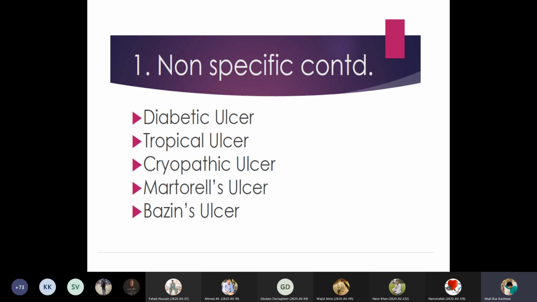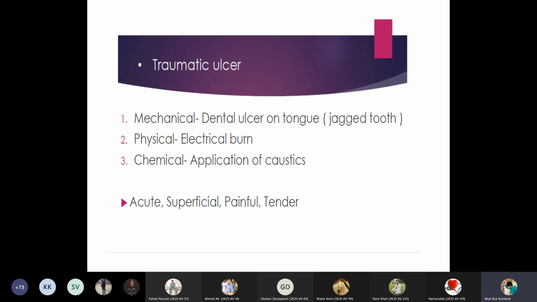These are not due to any direct reason, but an indirect reason that the ulcer may produce. The traumatic ulcer has a mechanical cause, such as a dental ulcer on the tongue from a jagged tooth, or a physical electrical burn, or a chemical application of caustics, which is known as a chemical ulcer.